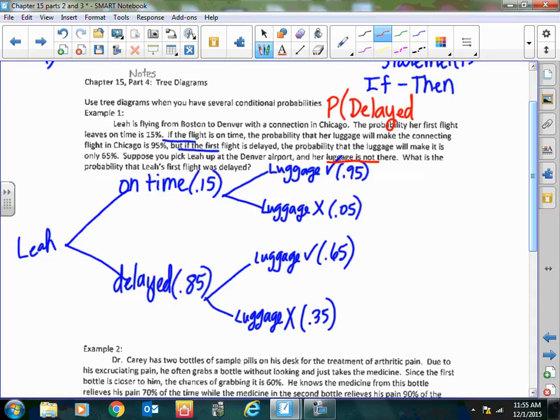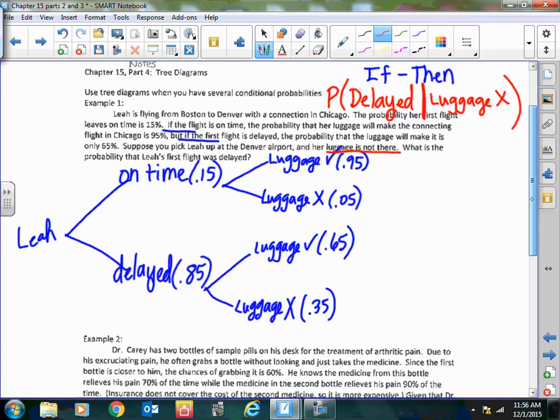Yeah, so given that her luggage was not there when you picked her up, what's the probability that her first flight was delayed? Okay, so that's the question we're trying to answer. Think back to how we did our last 2 days, yesterday and then the Friday before Thanksgiving. How did we handle these given-that type statements? What did we first do?